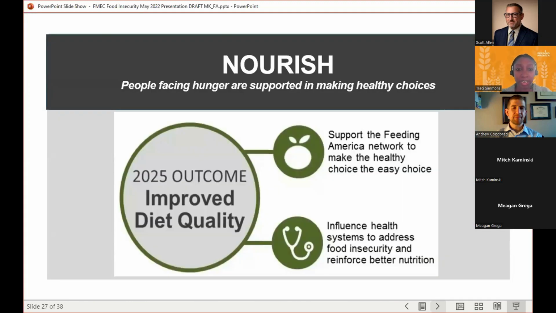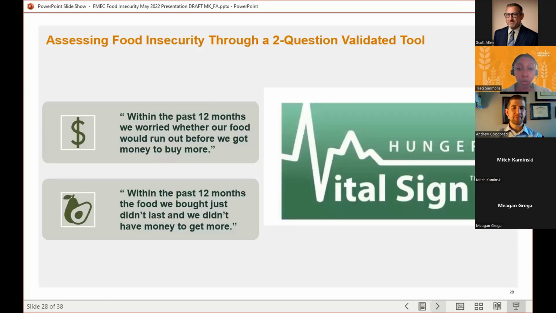So our strategy around the way that we're approaching health and nutrition from Feeding America's perspective is really to support our network of food banks in supporting their networks, their communities, in making the healthy choices the easy choices, and also influencing health systems to address food insecurity as a way to better reinforce nutrition. We do this through a 2-question screener within the healthcare setting itself.